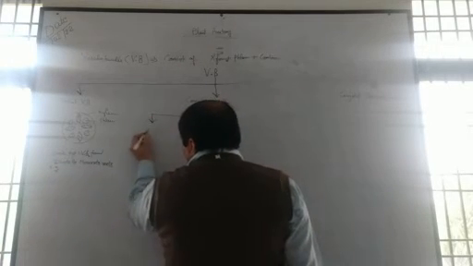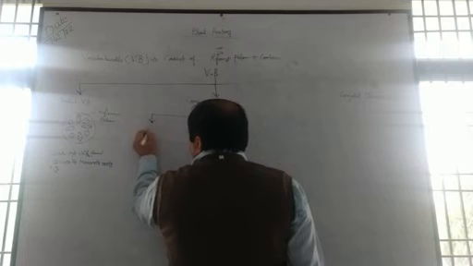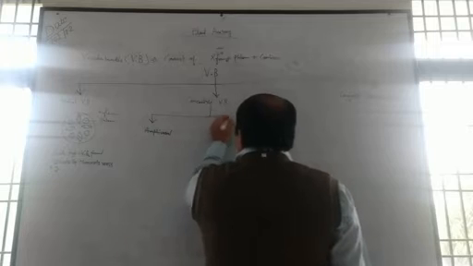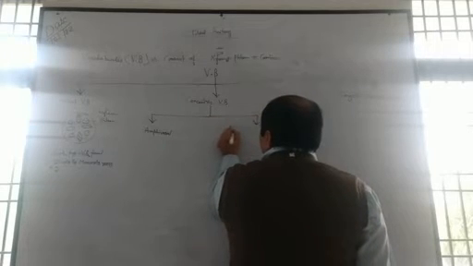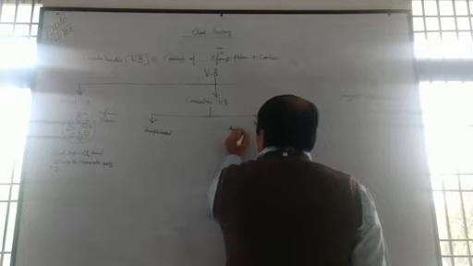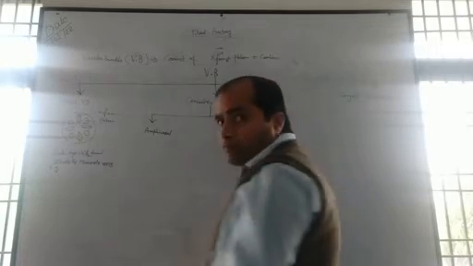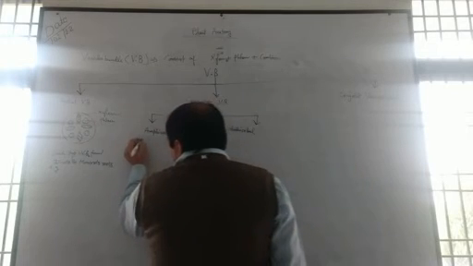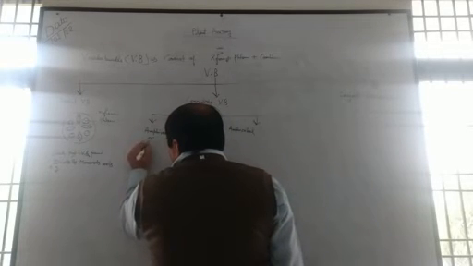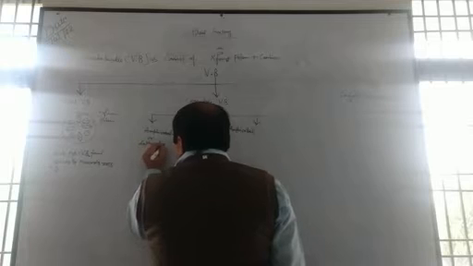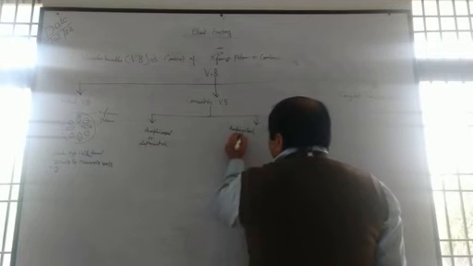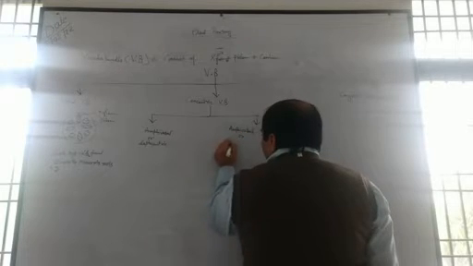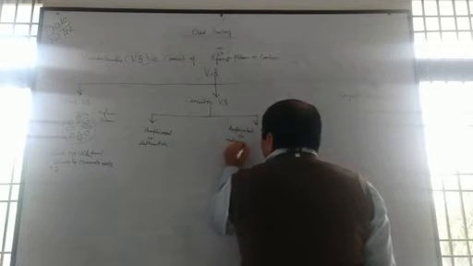Number one is amphivasal, and number two is amphicribral. Amphivasal, another name is leptocentric. And amphicribral, another name is hadrocentric.